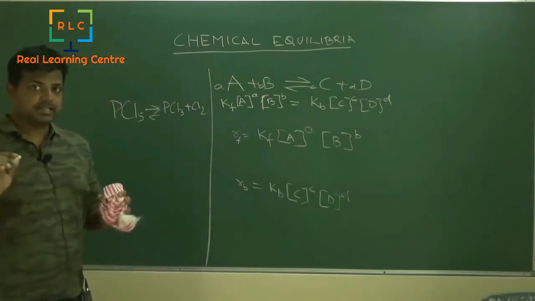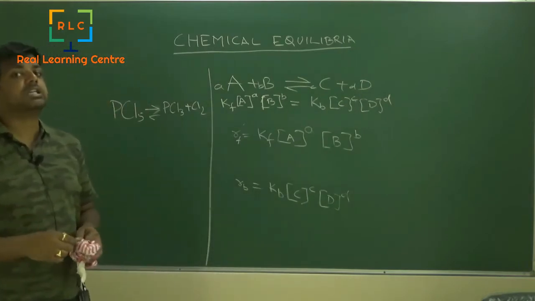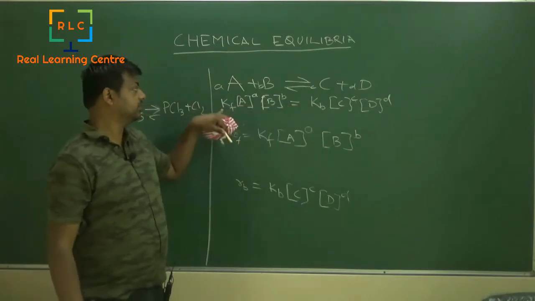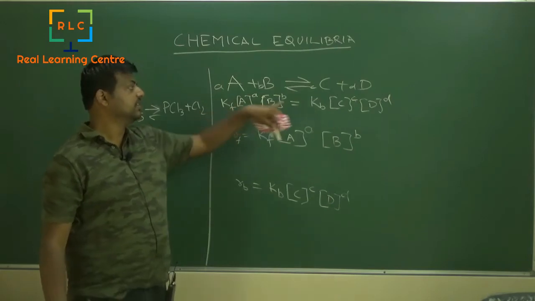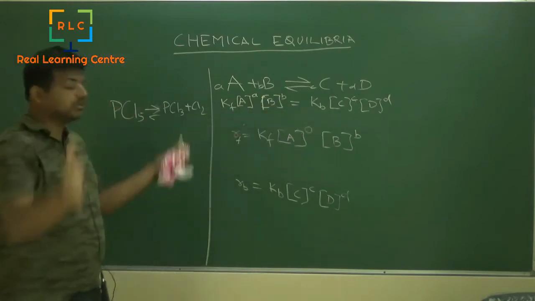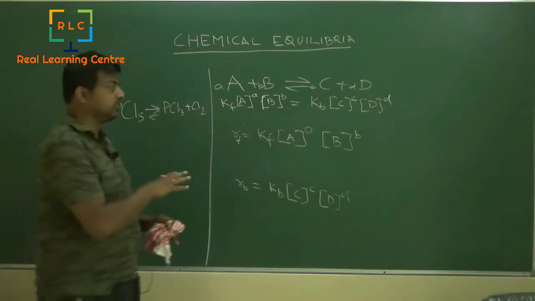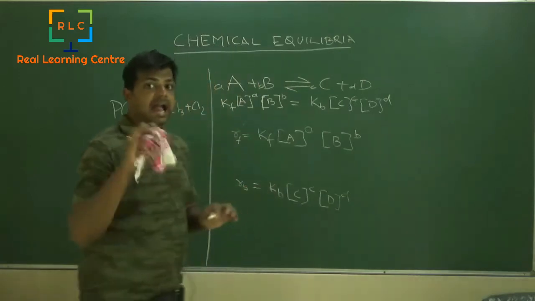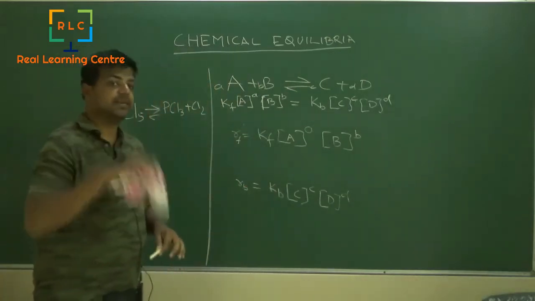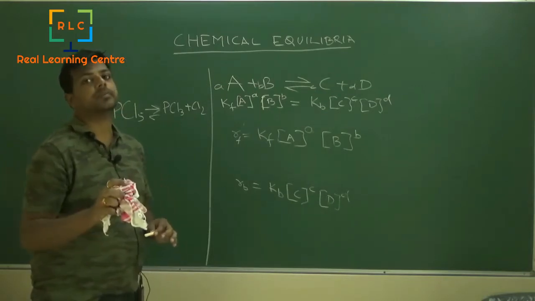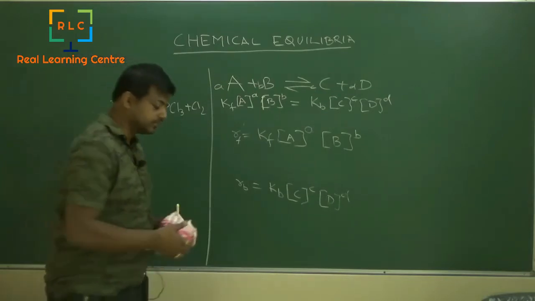So for any reaction, we define the equilibrium constant as the ratio of Kf by Kb. That is, the constant of the forward reaction divided by the constant of the backward reaction. Once you find the ratio of these two, you get the equilibrium constant for a reaction. And at that temperature and pressure, the equilibrium constant is going to remain the same. It doesn't matter what you use.